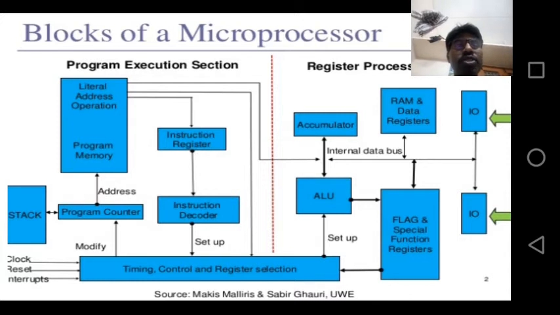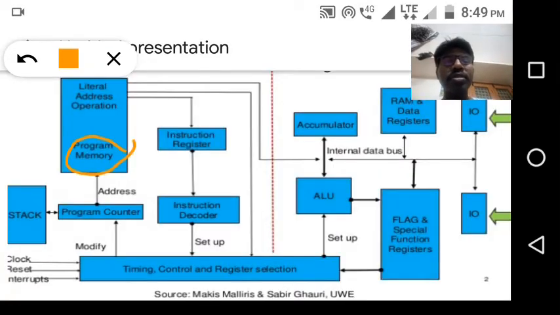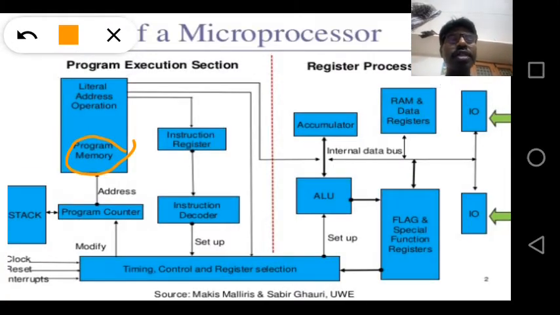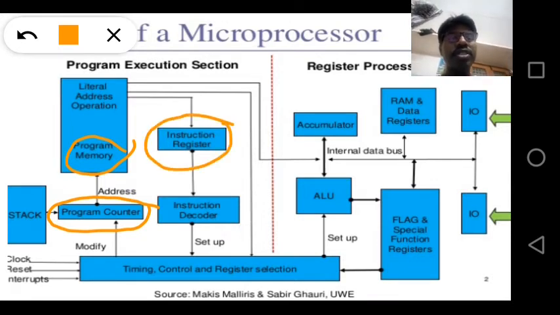Remember, this is the program memory, and this is called the program counter. You know, the program counter contains the address of the next instruction to be executed, and this is called IR, which stands for instruction register.